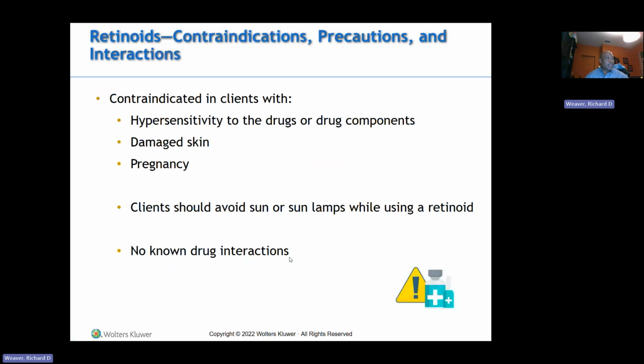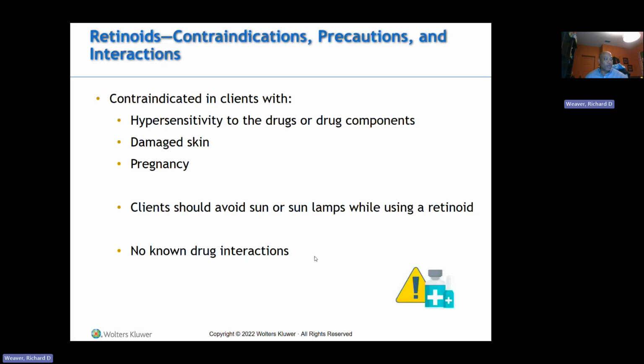In terms of contraindications, obviously, any drug that causes hypersensitivity to the drug or its prospective components, we want to stay away from. If the skin is damaged, we do not use retinoids. If a woman is pregnant, we do not use them.